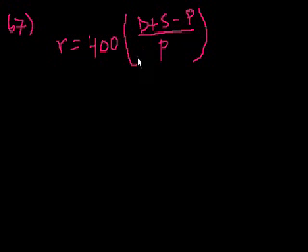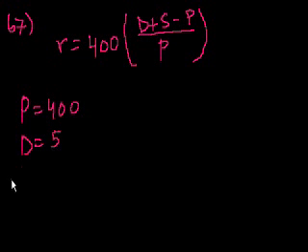If Rose purchased $400 worth of stock, so P is equal to $400, received a $5 dividend, so D is equal to $5, and sold the stock for $420, 3 months after purchasing it, so this formula applies because there's a formula for selling after 3 months.